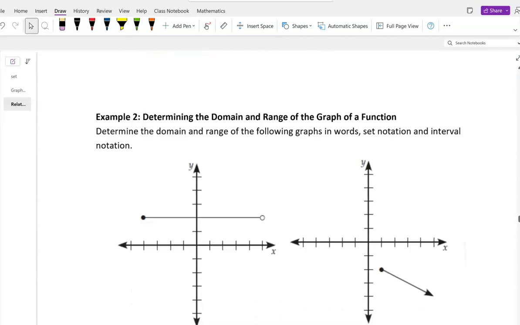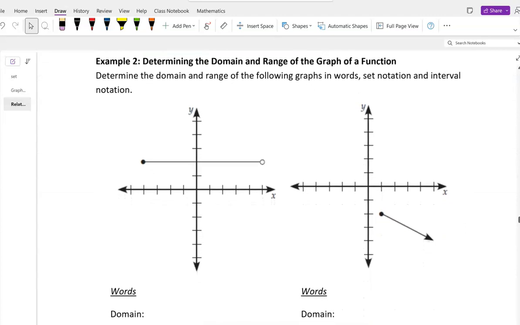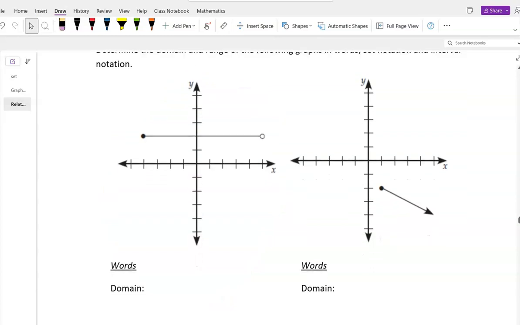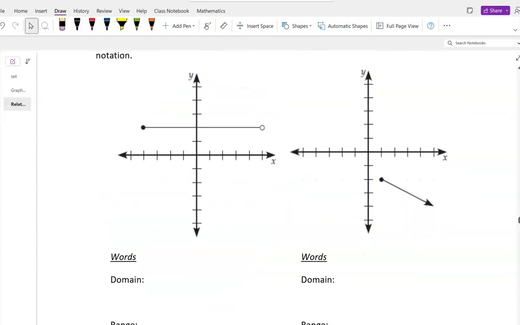Okay, let's try one. So we'll do this question first. Ignore the one on the left just for a minute. First, tell me what the domain is, the x values for this graph here. I'm going to say from -4 to 5.